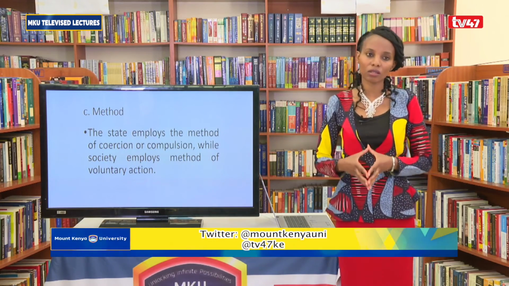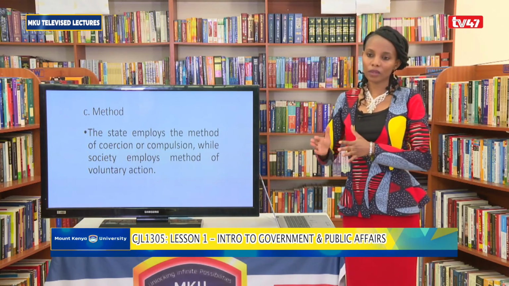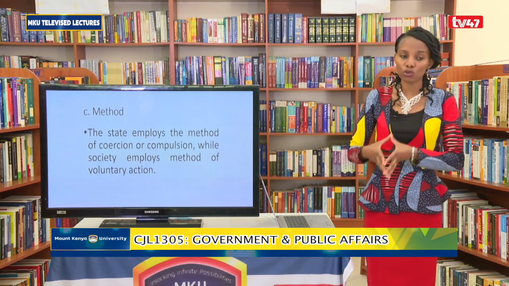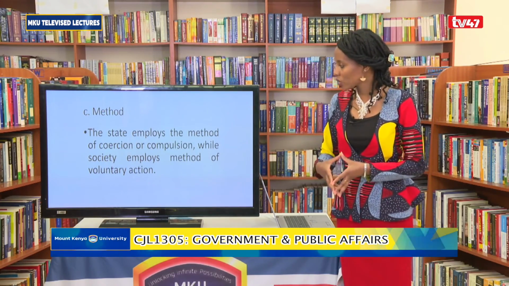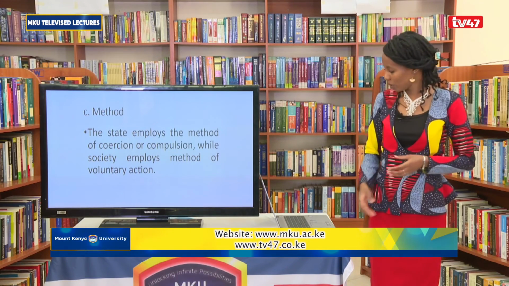But with the society, you have permission, or you can choose what to do and not to do. And that's why we are saying it's more of voluntary action in terms of the method.